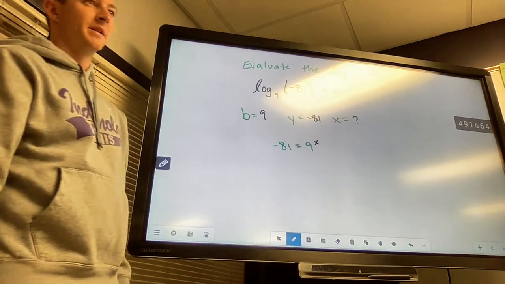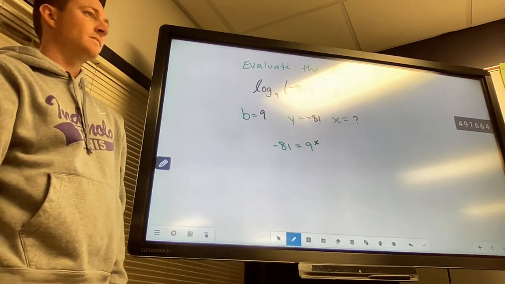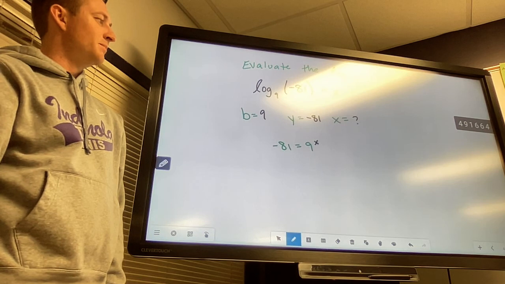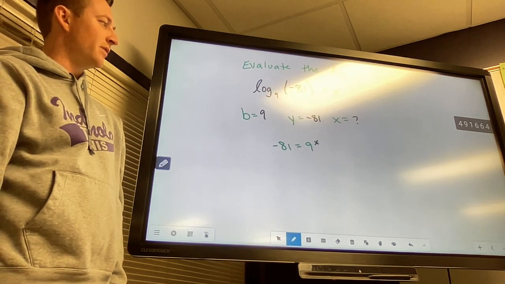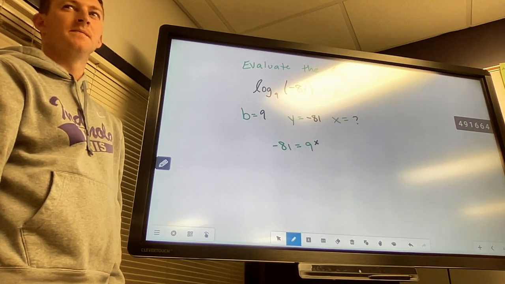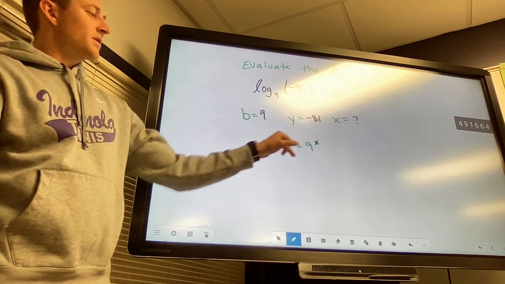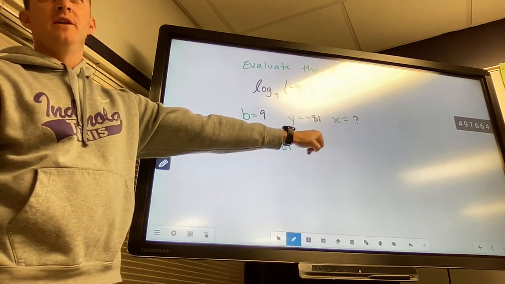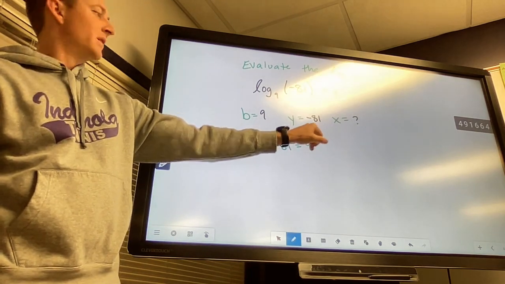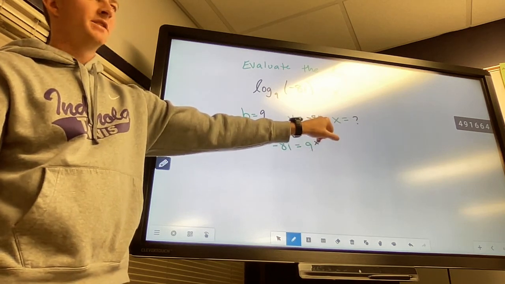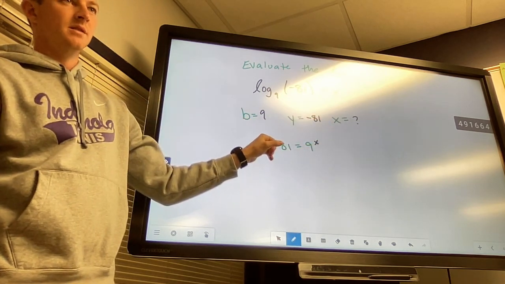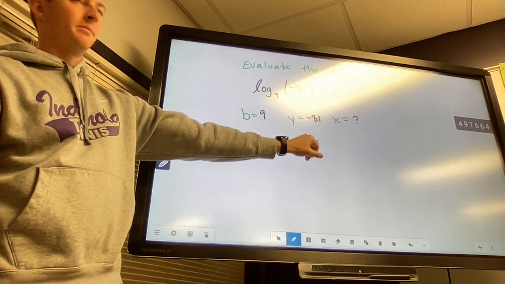You guys set it up something like this. My y equals b to the power of x is really negative 81 equals 9 to the power of x. So this is kind of tricky. We're trying to find what number x could be. Would anything with an exponent ever equal a negative? Not with a positive base.